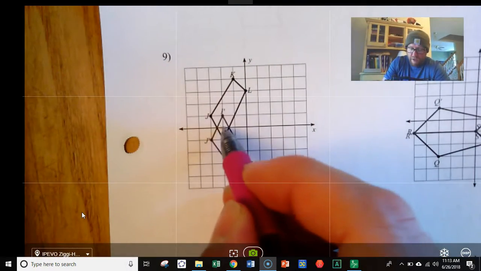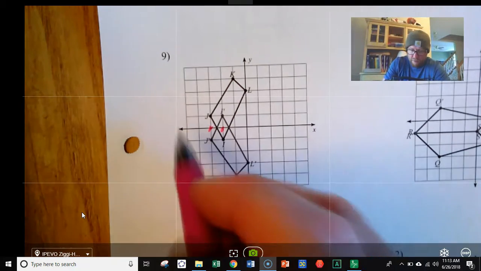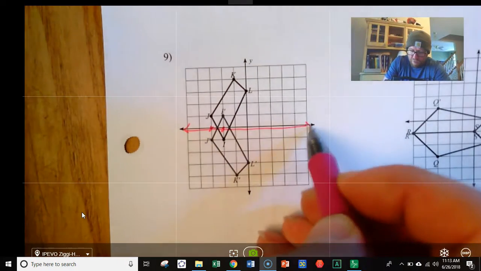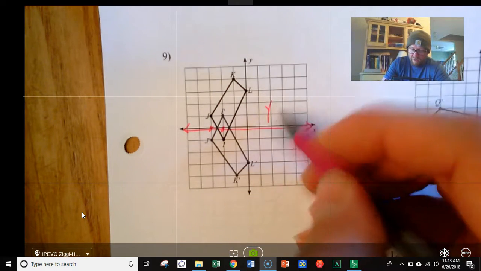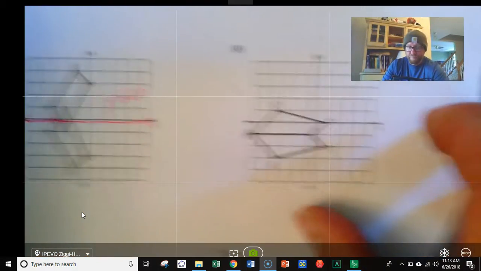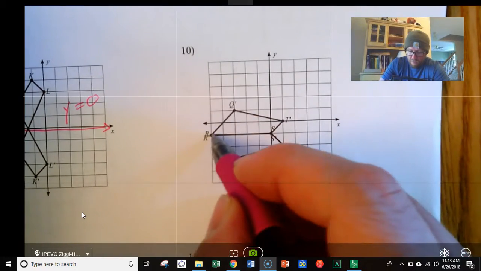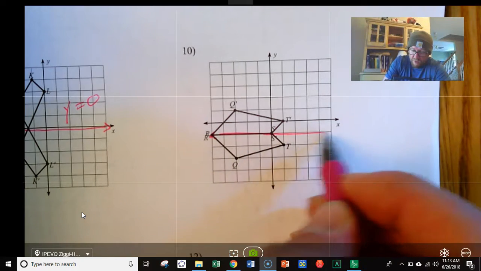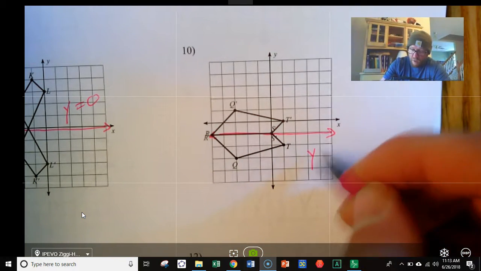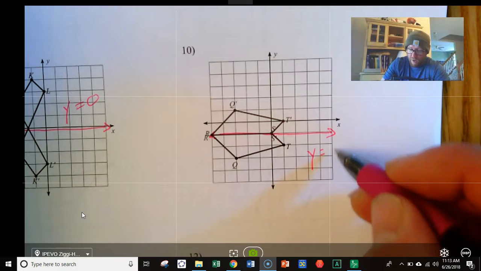Here, halfway, draw a line between them, and it crosses through the y-axis at y equals 0. Here, well, halfway, they're right on top of each other. So it's this line right here, crosses through the y-axis at the point where y equals -1.